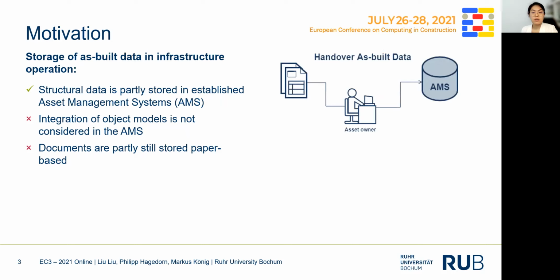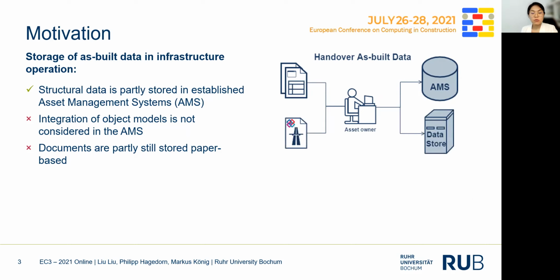The other aspect is considering the storage of as-built data in the operation stage. Currently, the National Authority for Infrastructure in Germany has established its asset management system using a relational database. It is commonly used to save essential structure data. The integration of object model is often not considered in existing systems.